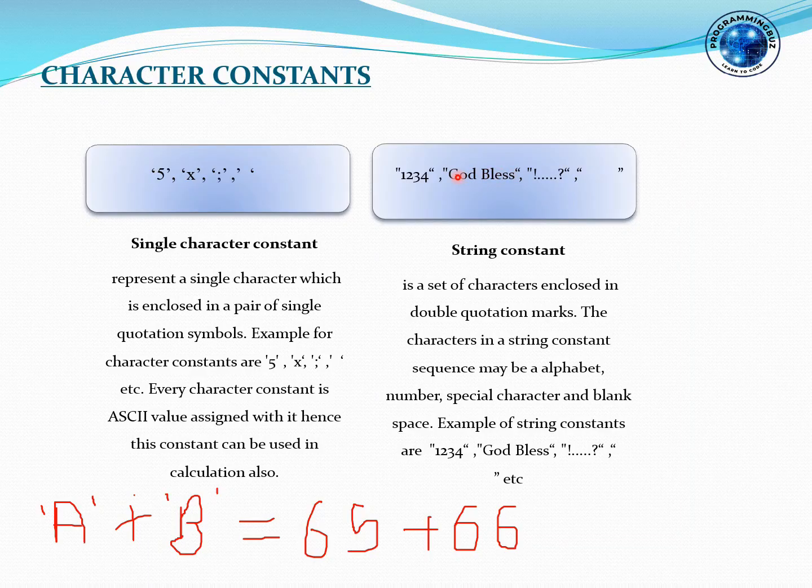Here in double quotation marks God bless is written, so it will be considered a string constant. String constants are used to make a program readable. We will learn this string constant in detail in our next lectures also.